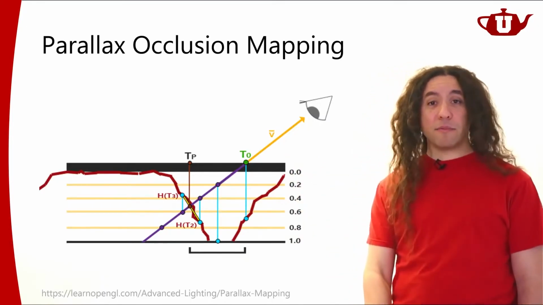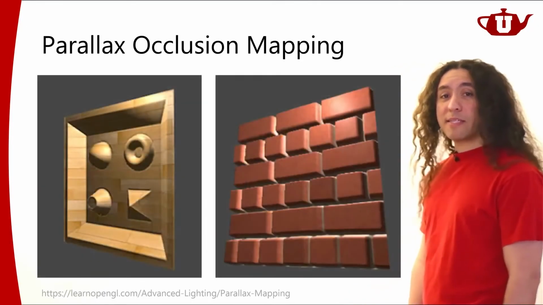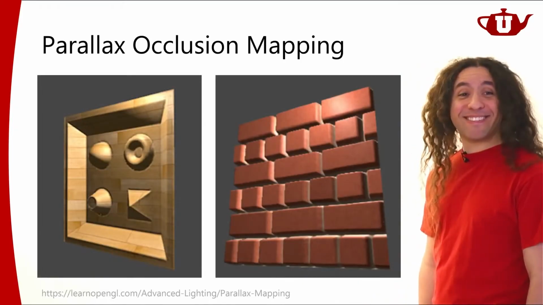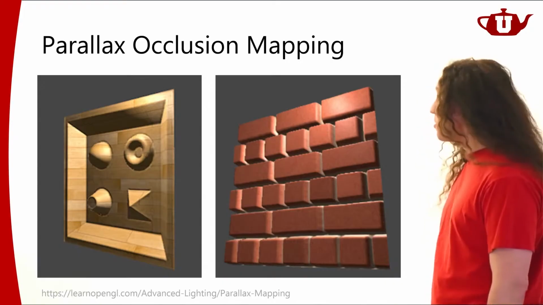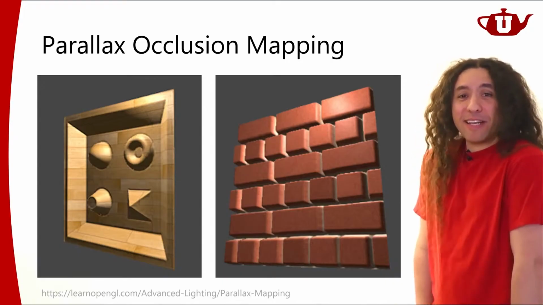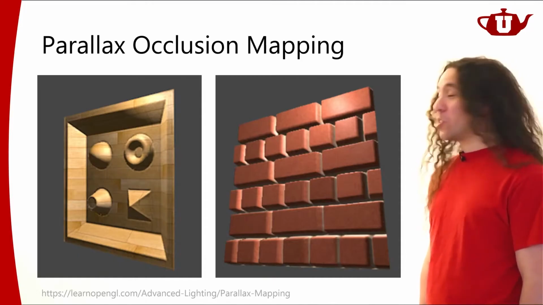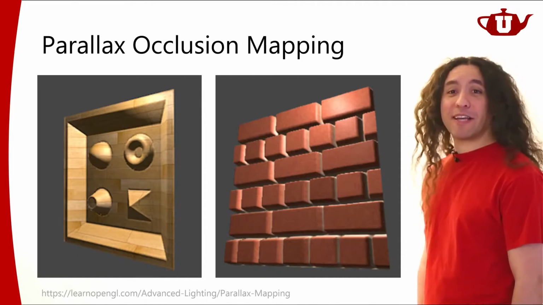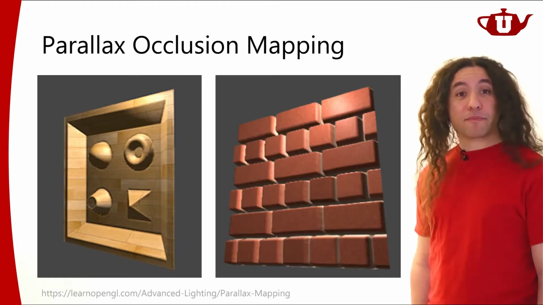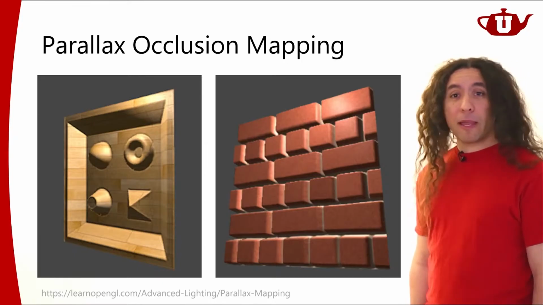So when you render parallax occlusion mapping from grazing angles, it looks just fine, right? It doesn't have any of those problems anymore, and you can look at it from great grazing angles, and it works just fine. It's as if the geometric detail is in there. So this is an approximation of per pixel displacement mapping.